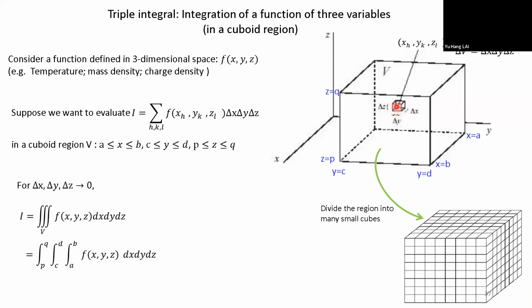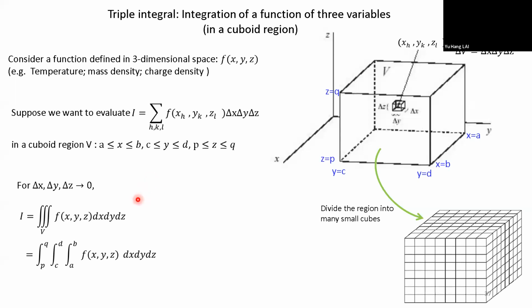And then I go to the adjacent region, consider the other small box, consider the function value at that box, and do it over and over again. So I consider all the small sections in this entire box region, and then sum them up.